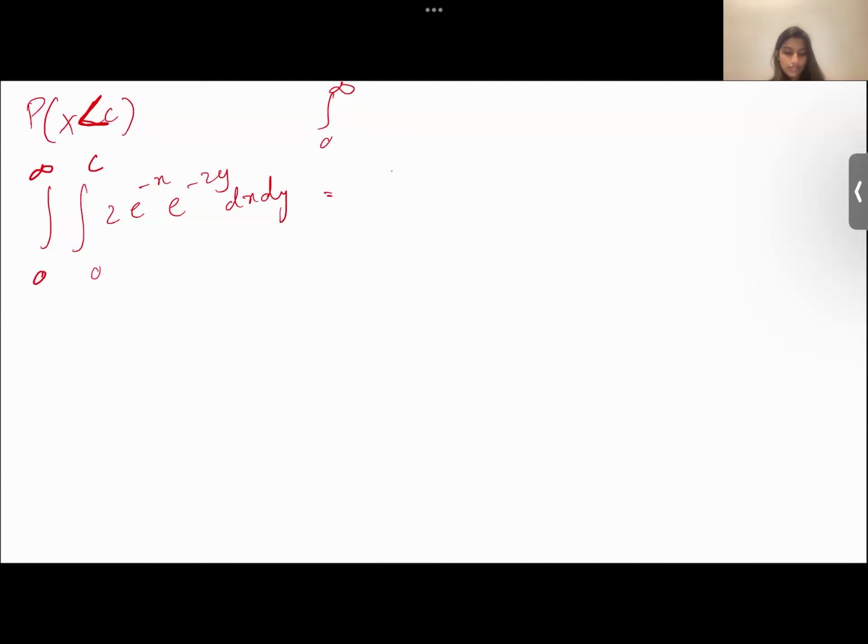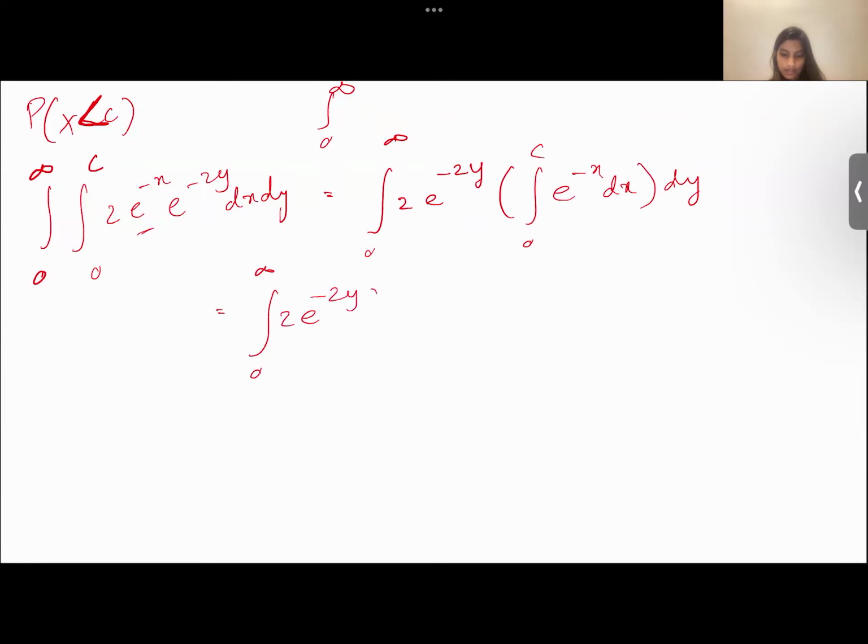And now you integrate it the same way. 0 to infinity, all the y terms you keep as constant. Inner integral 0 to c, e power minus x dx dy. And then you'll have 0 to infinity, 2 e power minus 2y, and the integral of e power minus x is minus e power minus x, 0 to c, dy.